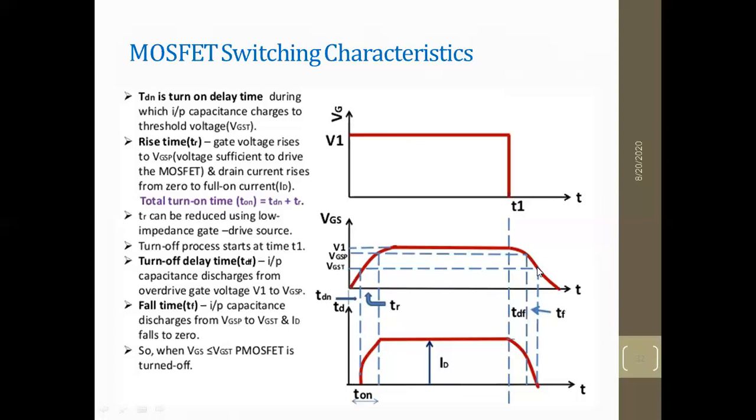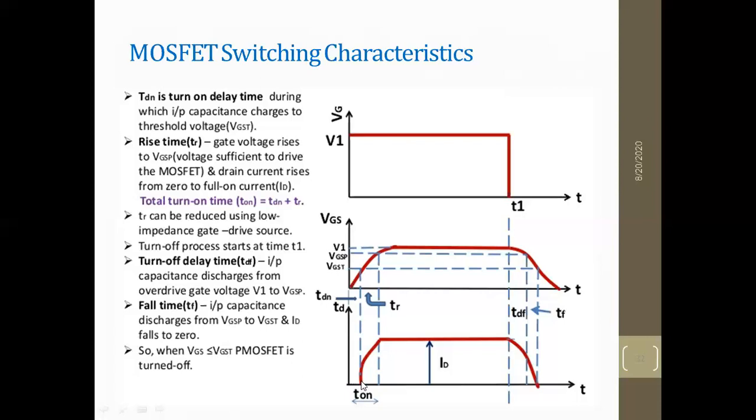Therefore, under this condition, the ID current falls to zero. Here I am showing that zero. If you consider the ID current, at the time of the turn on delay time, it should be zero.